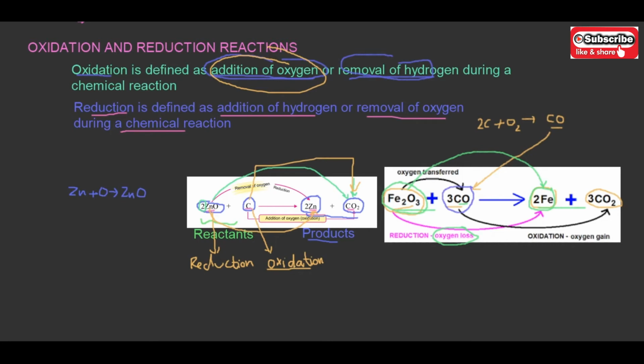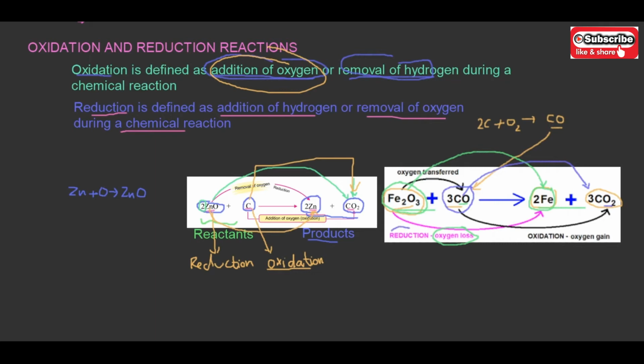But on the product side, the carbon atom is bonded to two oxygen atoms. It means it is making carbon dioxide. Carbon monoxide is converted into carbon dioxide. What does this mean? It means carbon monoxide has gained an oxygen atom.